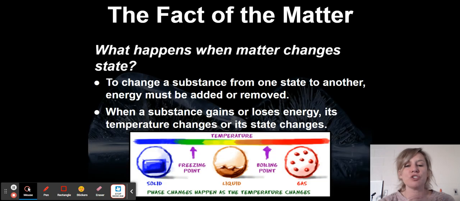To change a substance from one state to another, energy must be added or removed. When a substance gains or loses energy, its temperature will also change. Take a look at the diagram, a solid in the blue on the left. If we take water, because that's the most familiar thing to us, going from ice to liquid water, it's increasing its temperature, and it's also increasing the amount of energy its particles have.